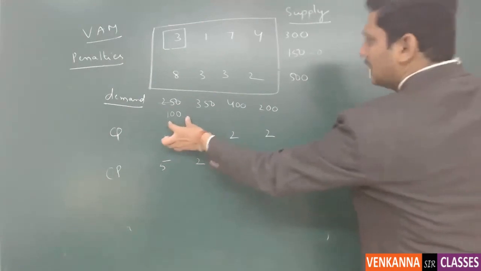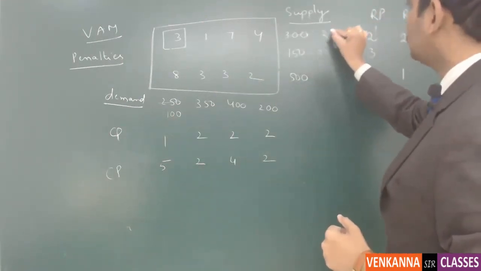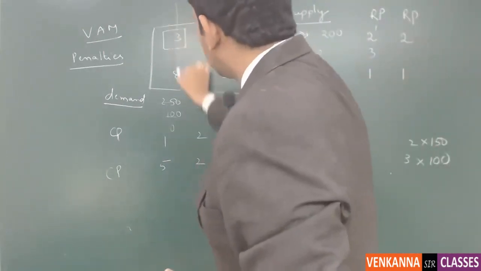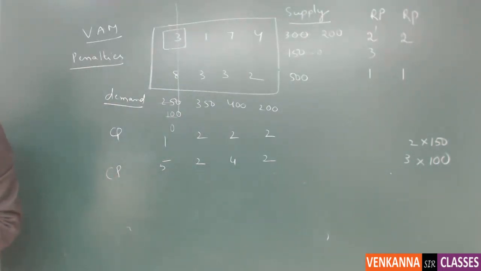So this 100 will be subtracted from here. So it becomes 200. So it becomes 0. This column gets struck off. Is it acceptable to all? Any queries to anyone?